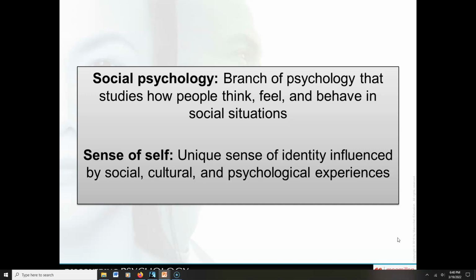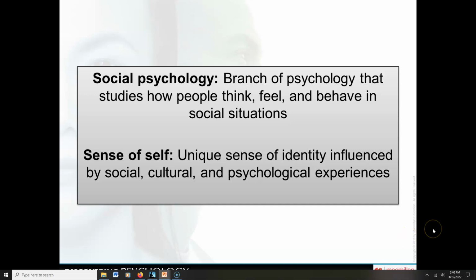A good definition of sense of self is our unique sense of self-identity, which is influenced by social, cultural, and psychological experiences.